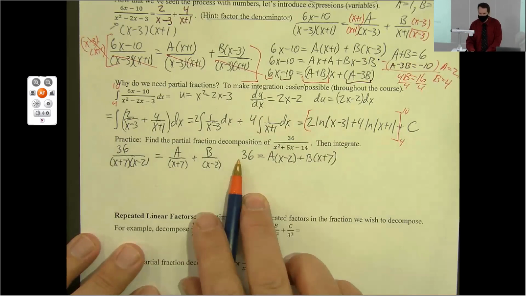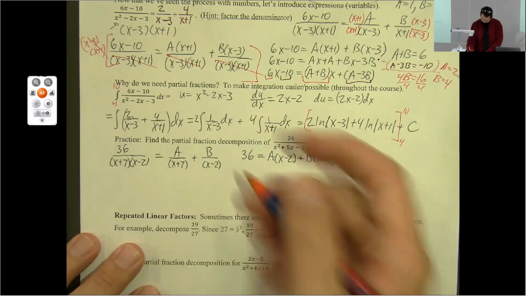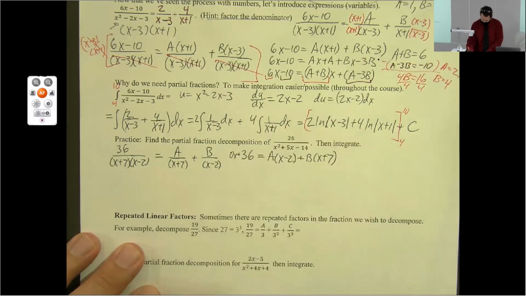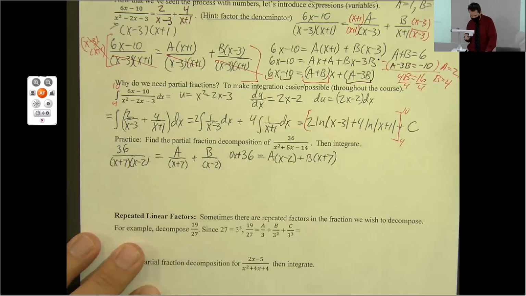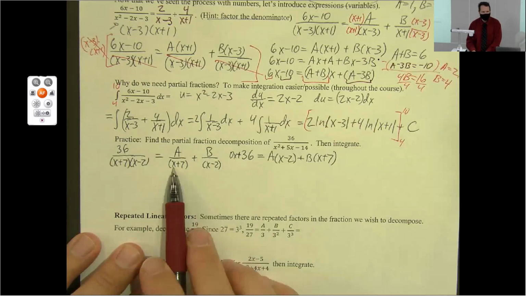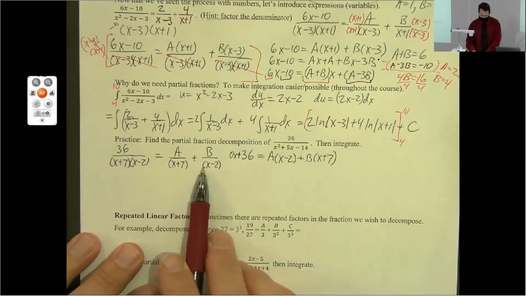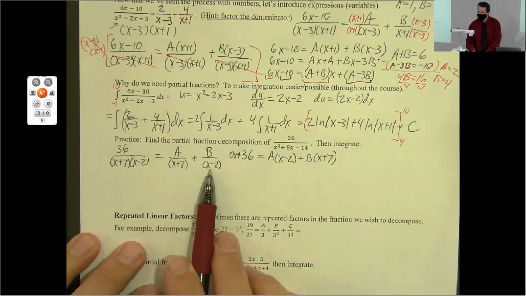Oh, so it's 0x, right? So 0x plus 36. So we could still do it that way, just in case anybody got tripped up by that. But here, if these are what we call linear factors, and they are not repeated, in other words, they're different, which they are, then you can use this nifty sneaky technique.